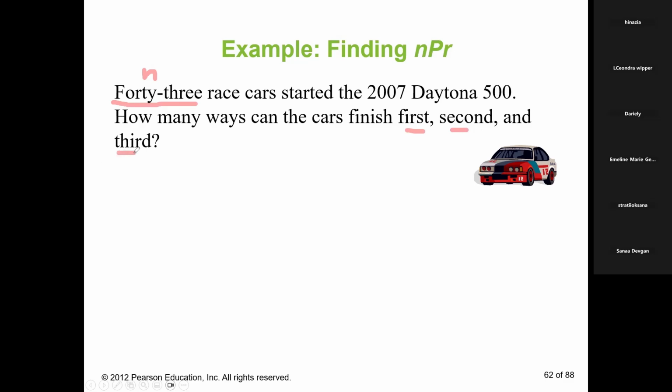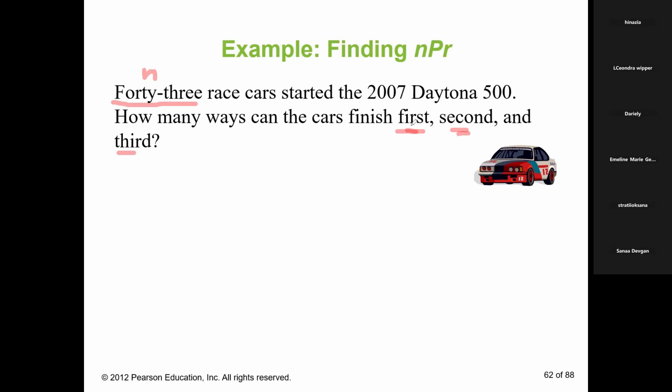So what is the value of r? n is 43. Do you agree with me? Yes. How about r? r will be first, second, third. r is 3, right?